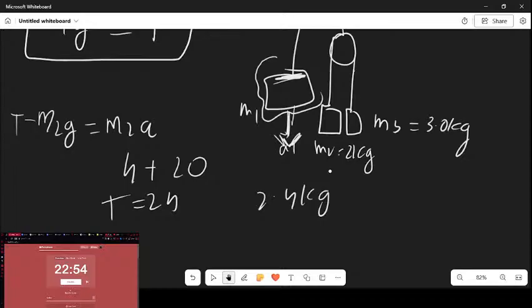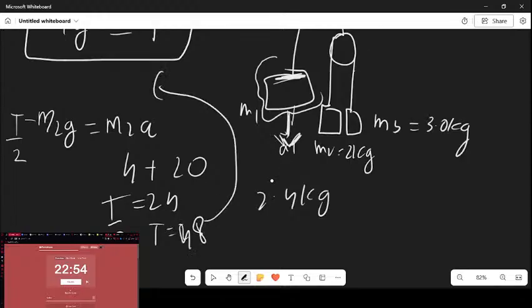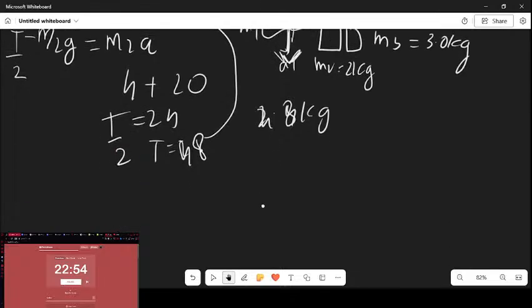Oh, okay, this is T by 2. So tension T is equal to 48. If I substitute, we'll get 4.8 kg. Alright, that's all. Now we move on to the 30th question.